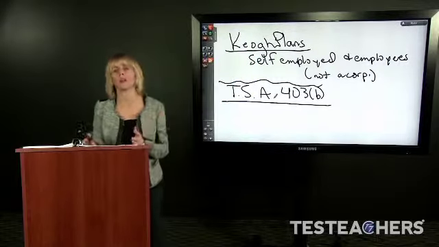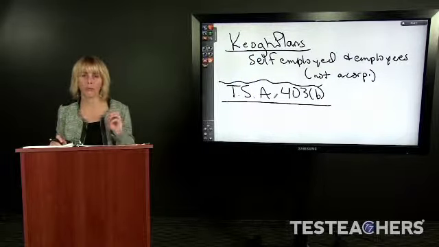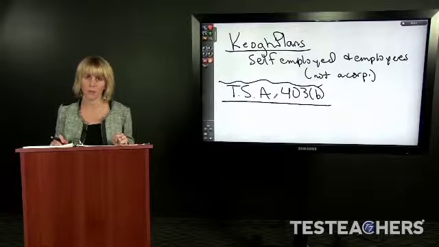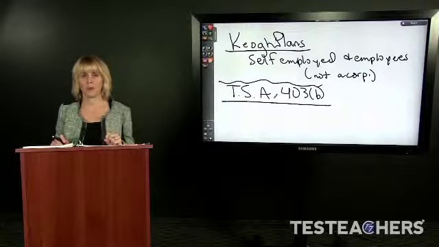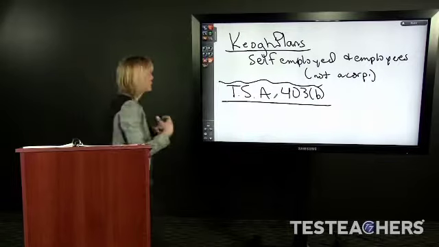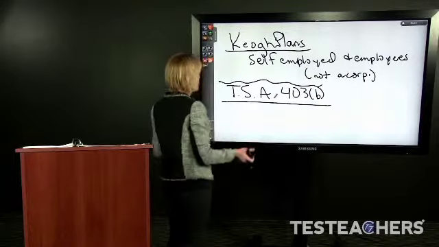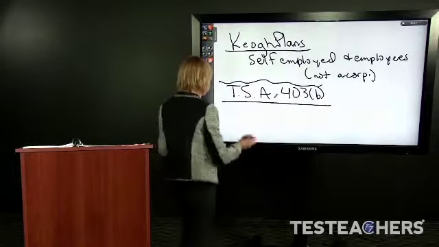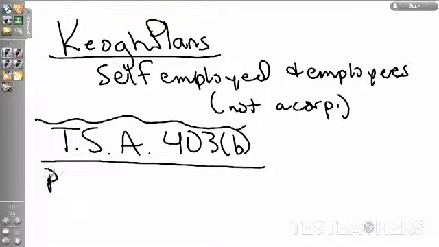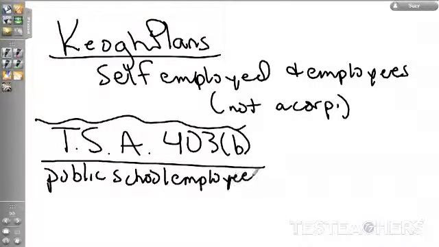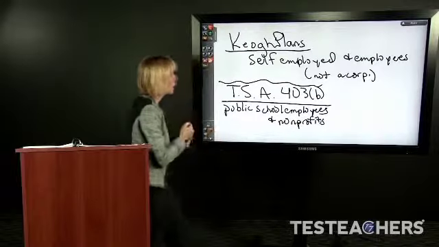The only annuity that we talk about that is funded with pre-tax dollars. So TSAs are funded with pre-tax dollars. Sometimes we'll say they're available for teachers and preachers, which is just something that helps us remember. They're really available for public school employees and nonprofits. So the TSA: public school employees, nonprofits.